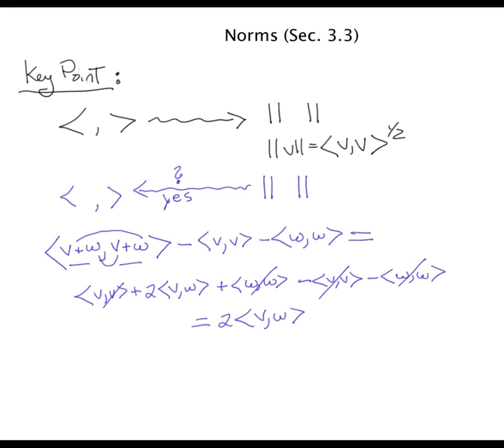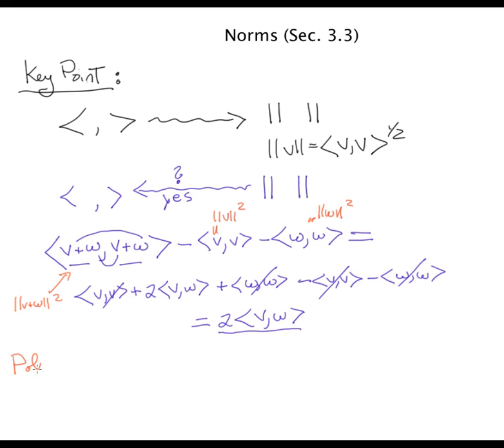And so the conclusion is, on one side we have the inner product of V and W, and on the other side everything is a norm. This is the norm of V plus W squared, and this is the norm of V squared, and that's the norm of W squared.